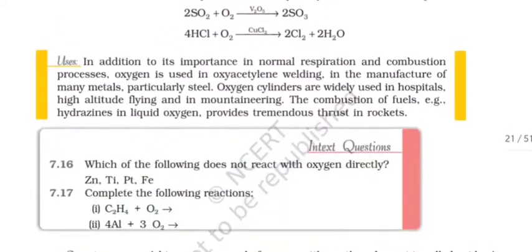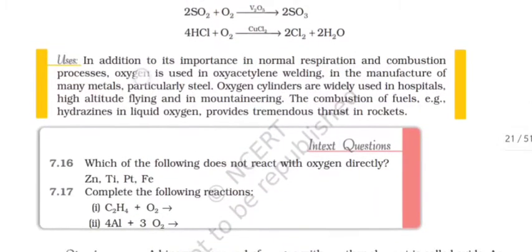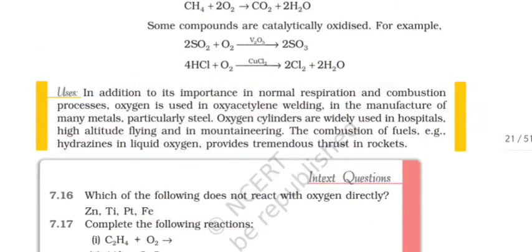Some compounds are catalytically oxidized. For example, 2SO2 plus O2 in the presence of V2O5 gives 2SO3, 4HCl plus O2 in the presence of CuCl2 gives 2Cl2 plus 2H2O.